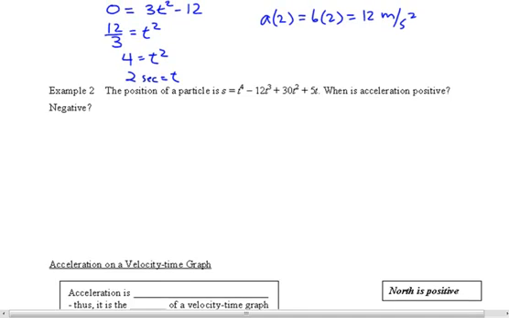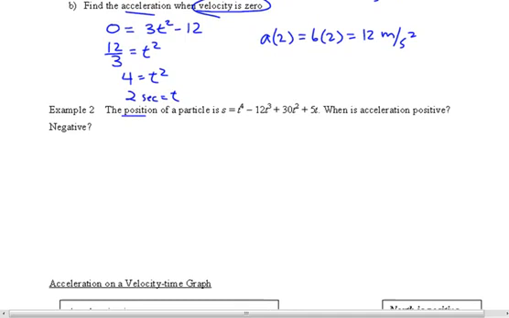Okay. The position of a particle is given by, they even say the position. When is acceleration positive? So first thing we have to do, before we can figure out when acceleration is positive, we need the equation, so we take the derivative.